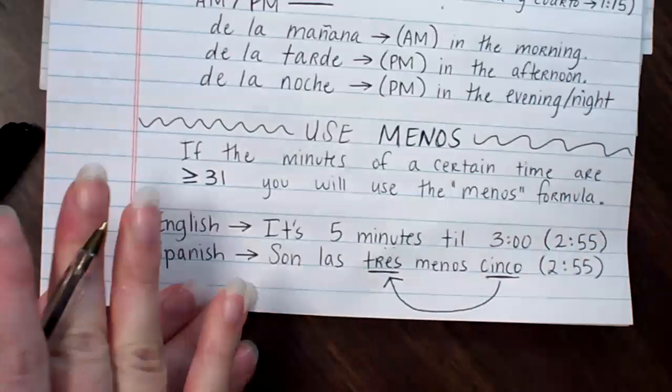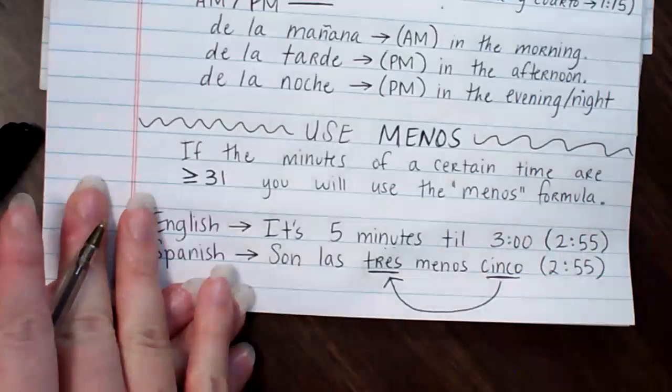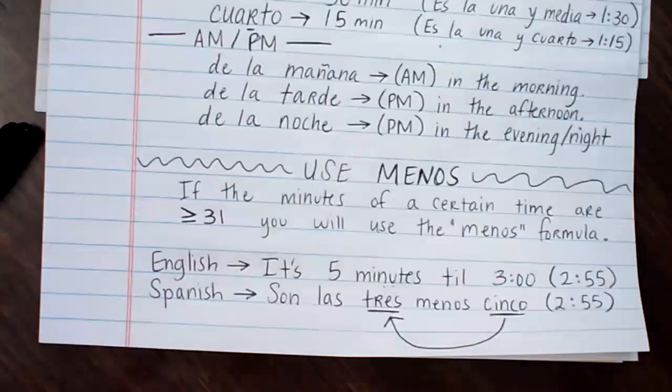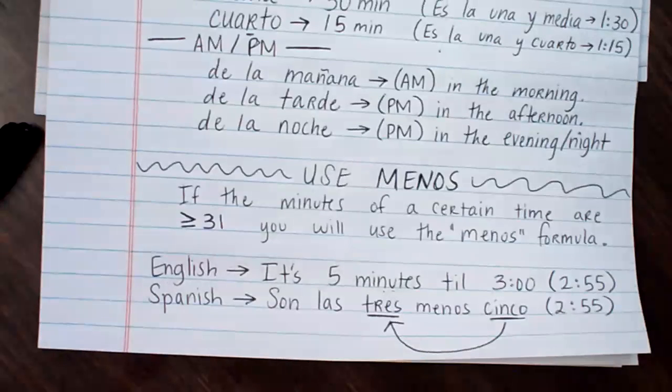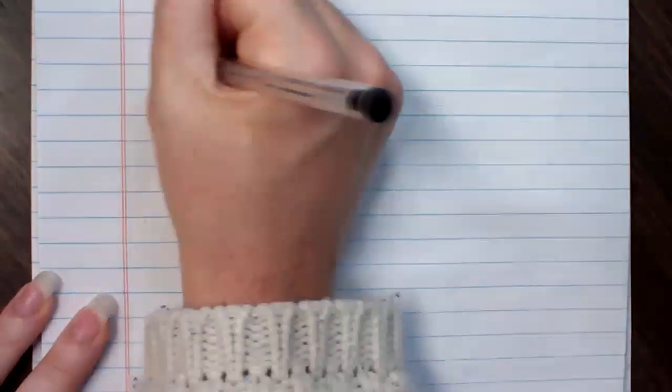Because this is the topic that kind of gives people the biggest headache, we are going to go through and do maybe 4 or 5 examples of it together. So let's pick a time for the first 2.